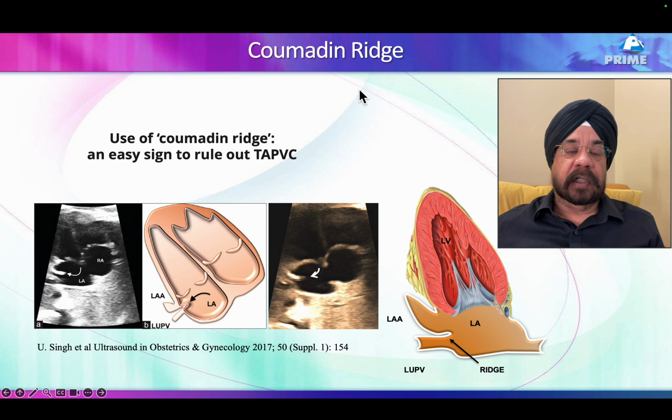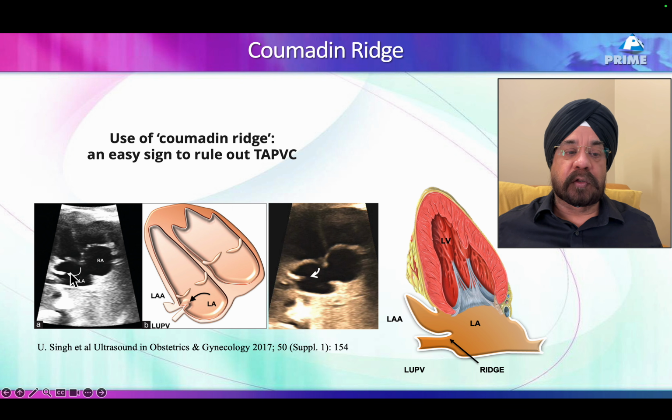We described another sign, the Coumadin ridge. We know the Coumadin ridge in adult cardiology, and the Coumadin ridge is a ridge between the left atrial appendage and the left upper pulmonary vein, and this ridge is called Coumadin because on transesophageal echo it was confused with a thrombus, and Coumadin was started, and then the name for this is Coumadin ridge.